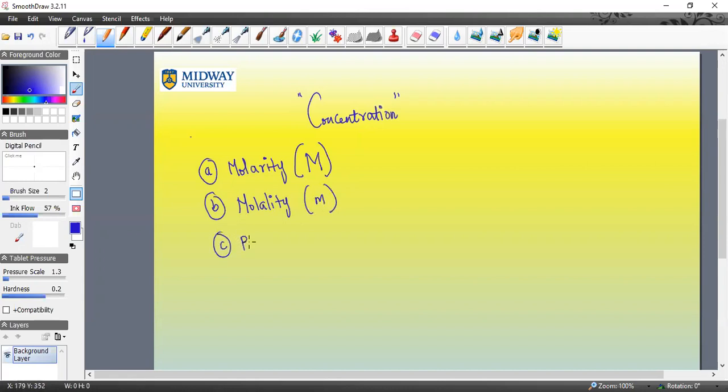Percent by mass, and the symbol really for this is percent m over m. Don't confuse this with the molality, but it's percent by mass, and then there's percent by volume.